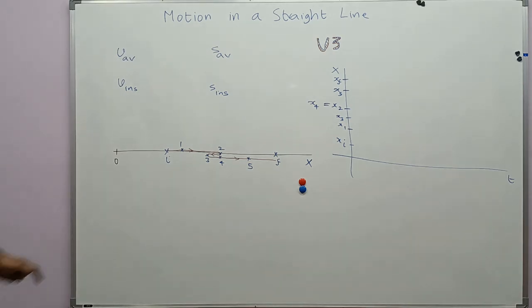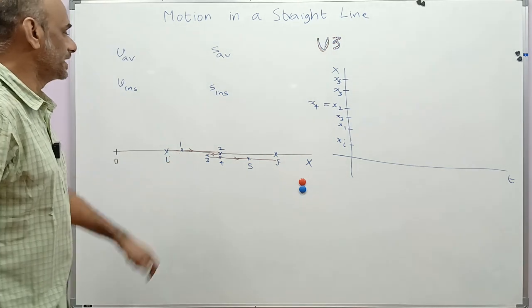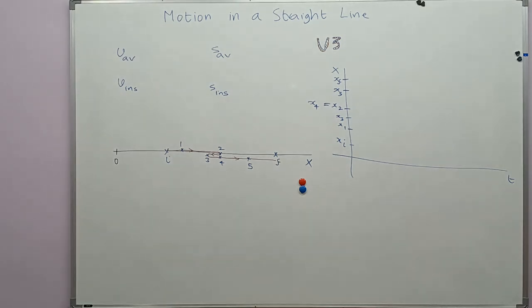So the corresponding times: let the time when it is at location 1 be t1, and let it reach location 2 at time t2.